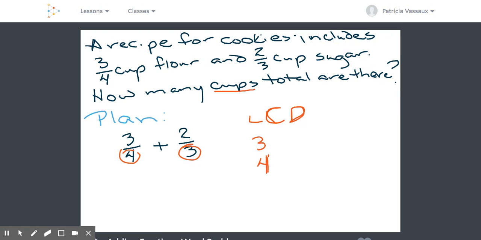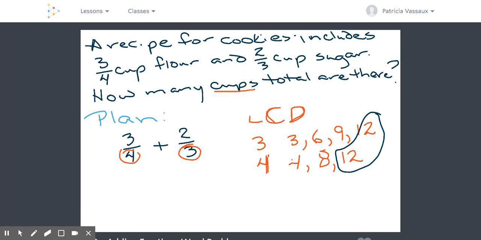So we're looking at 3 times 1 is 3, 3 times 2 is 6, 3 times 3 is 9, 3 times 4 is 12. Now let's start with the 4s. We've got 4 times 1 is 4, 4 times 2 is 8, and 4 times 3 is 12. So we have discovered the least common denominator, which is the same as the least common multiple.